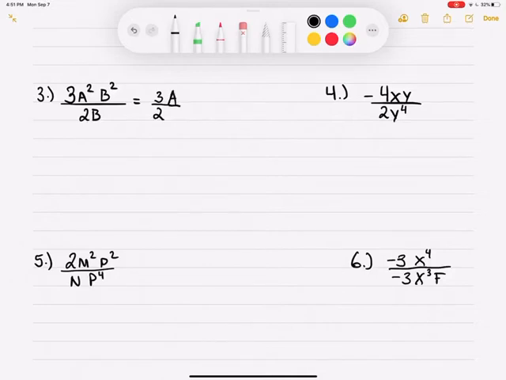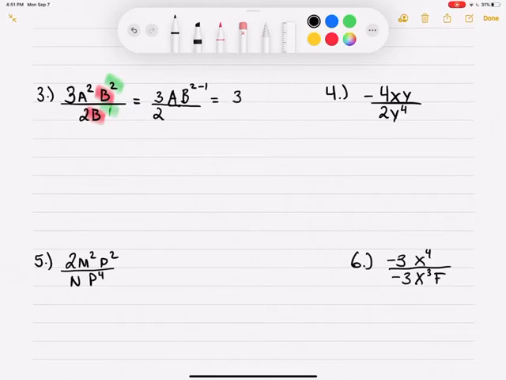And then I have b squared over b, so this becomes b to the 2 minus 1 power, because there's an invisible 1 in the bottom of our fraction on b. So this becomes b to the 2 minus 1 power.